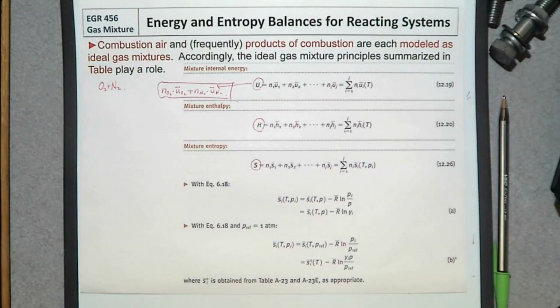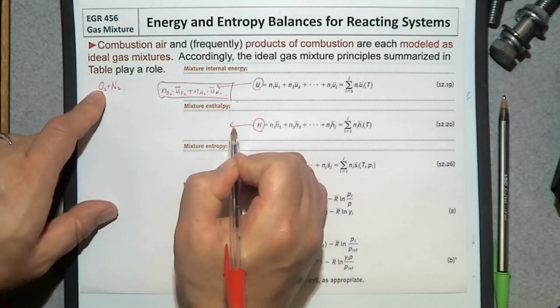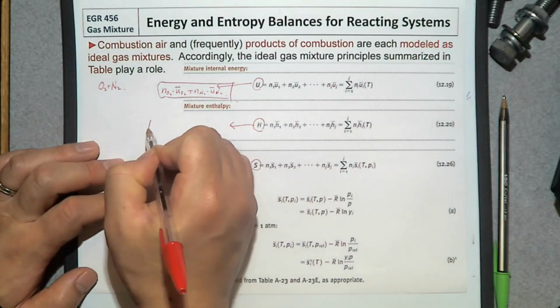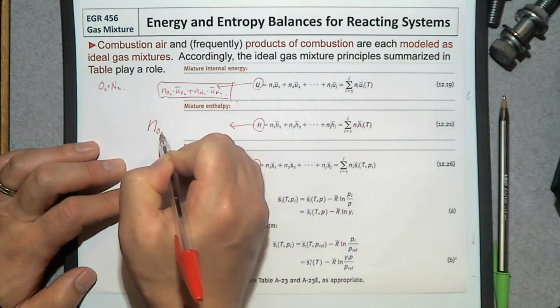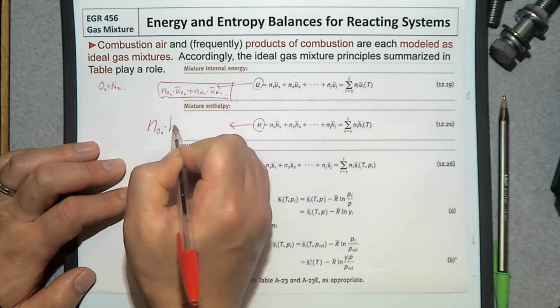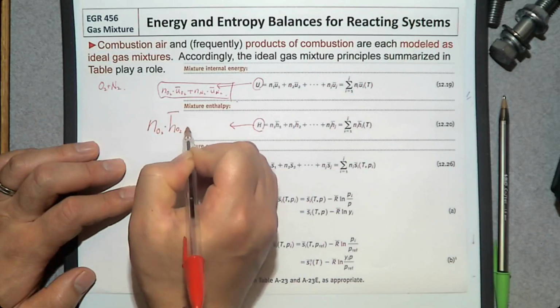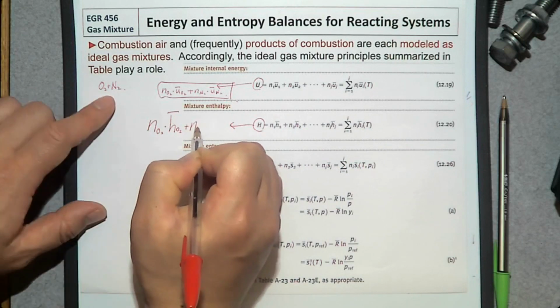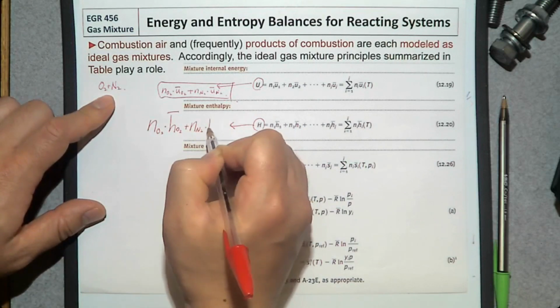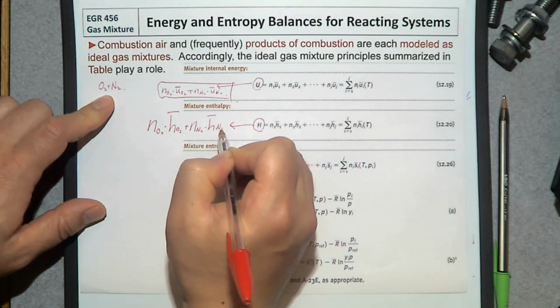Okay? Pretty simple. The same thing here. If you want to determine the mixture enthalpy of this oxygen and nitrogen, the number of moles of oxygen times specific enthalpy of oxygen plus the number of moles of nitrogen times specific enthalpy of nitrogen.